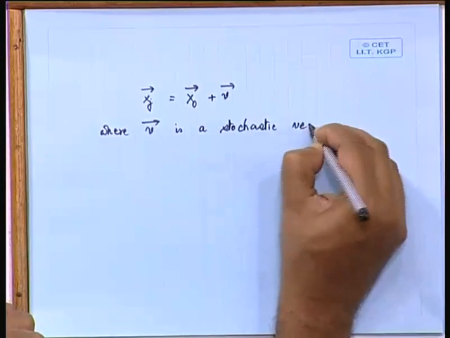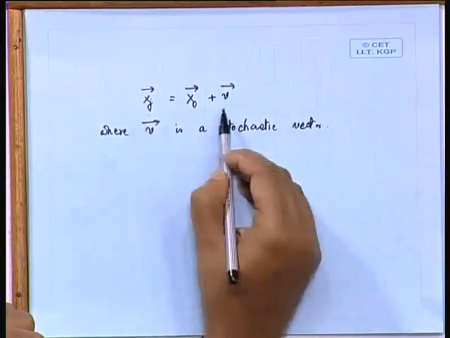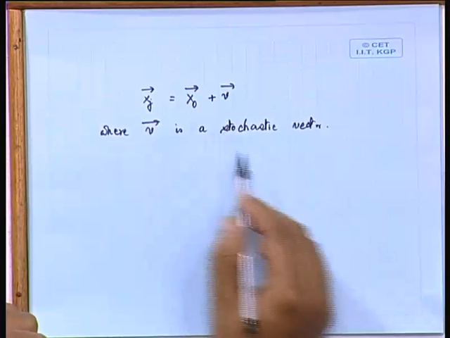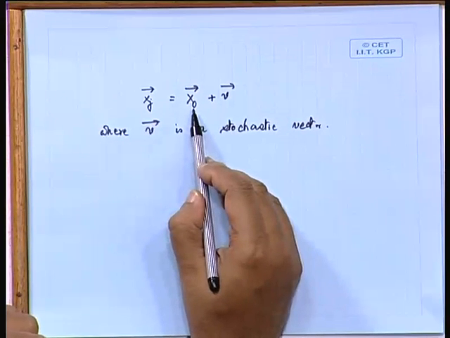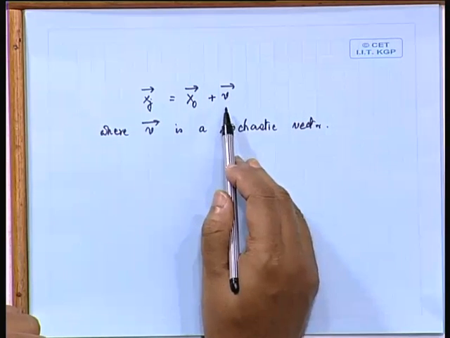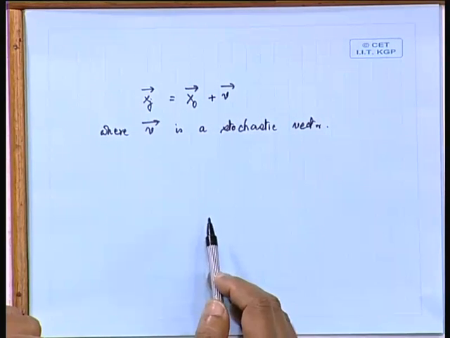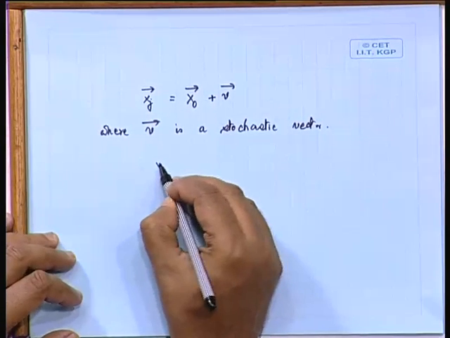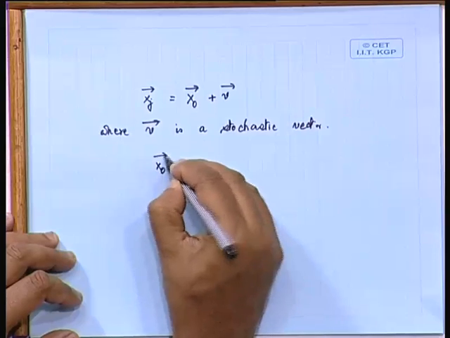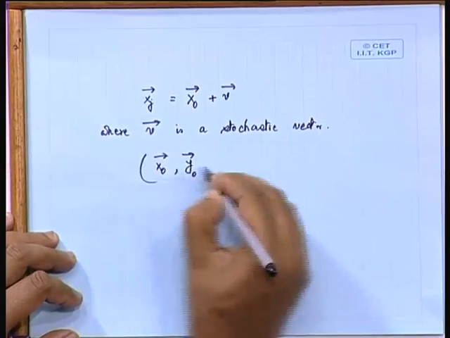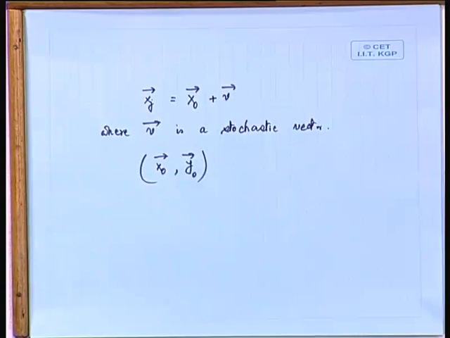So, if that is the case, that your pattern itself is a stochastic pattern, meaning that it has one x naught component and a stochastic component which is the v vector, then we will be able to associate the x naught vector with y naught vector. So, x naught y naught will form a pair. Actually, what is y naught?